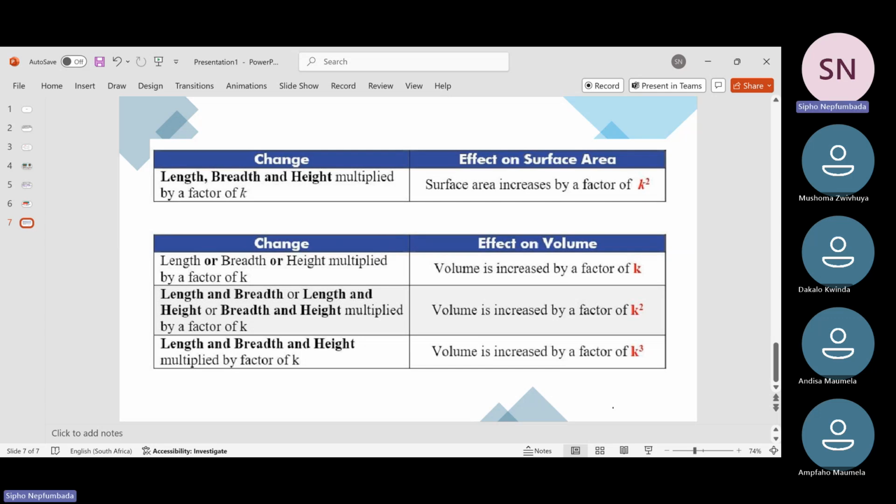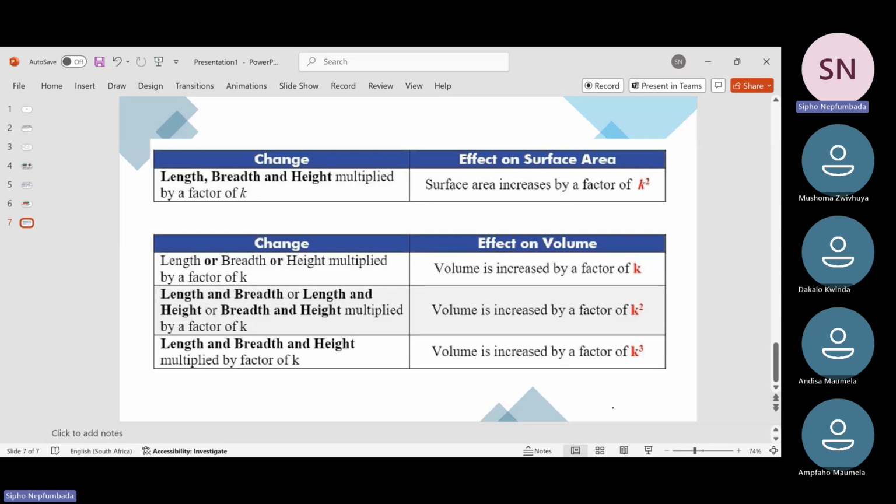So there is no general rule for the change in surface area if one or two sides are multiplied by a factor of k. In this case, the area has to be calculated from first principles using all the formulas that you know. Did you understand? Yeah. So if the length or breadth or height is multiplied by a factor of k, then the effect on the volume is that it increases by a factor of k.